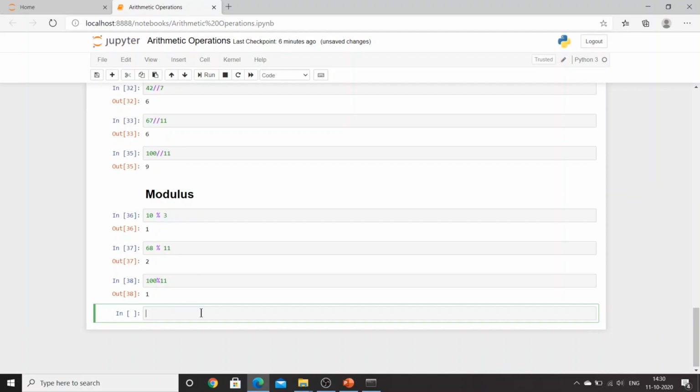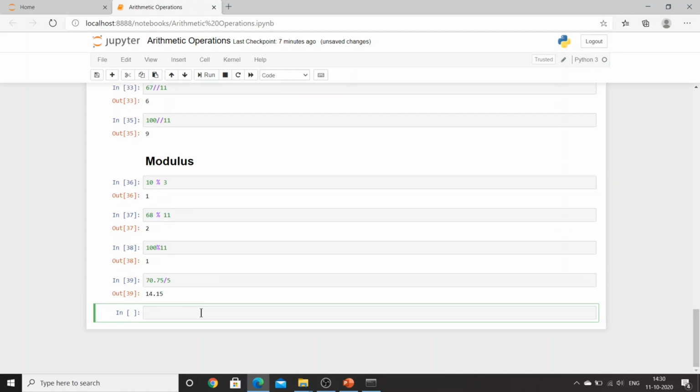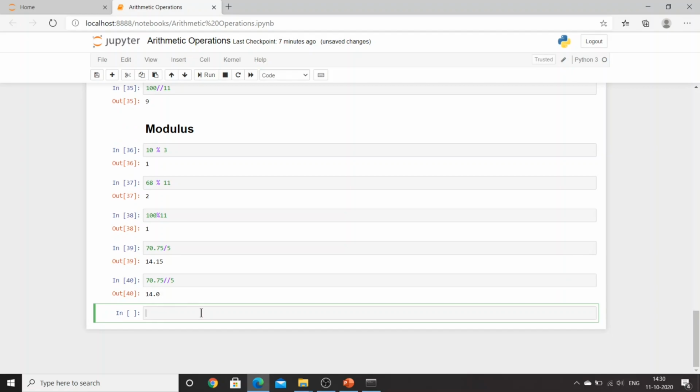Now let's try another way. 70.75 divided by 5, you get 14.15. Now I'll say 70.75 double slash 5, 14. 70.75 percentage 5, you get 0.75. In this way you'll get the result.